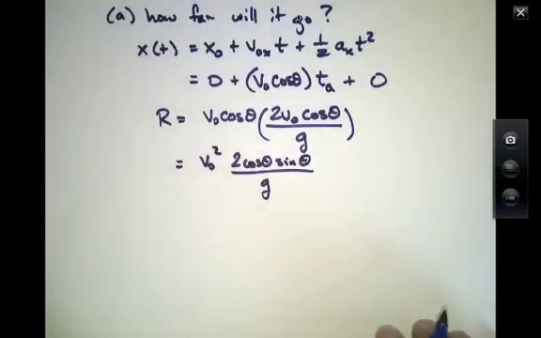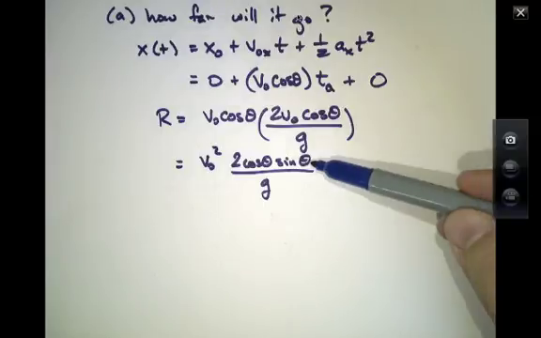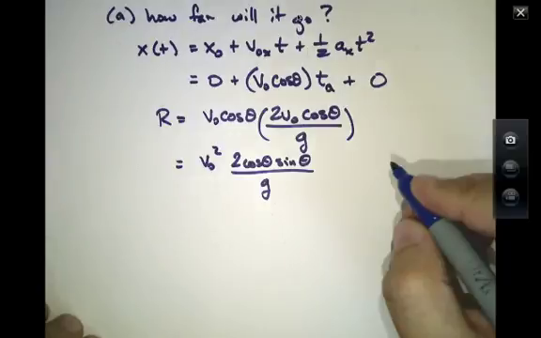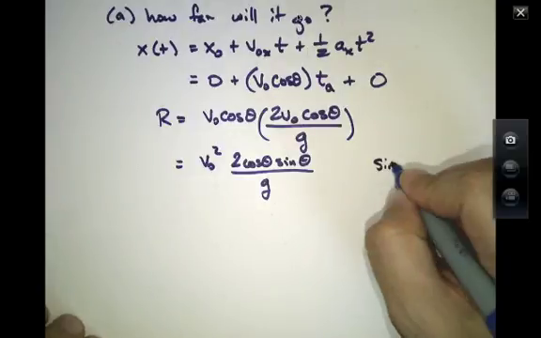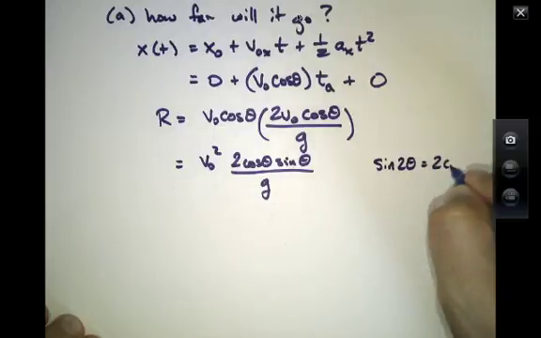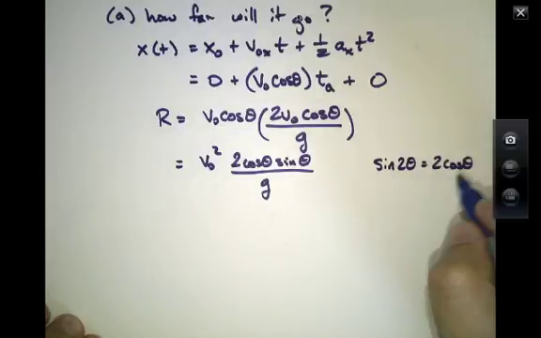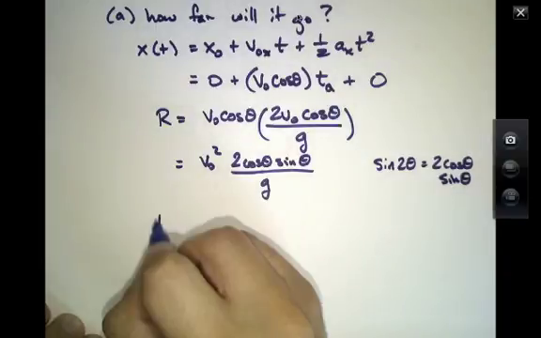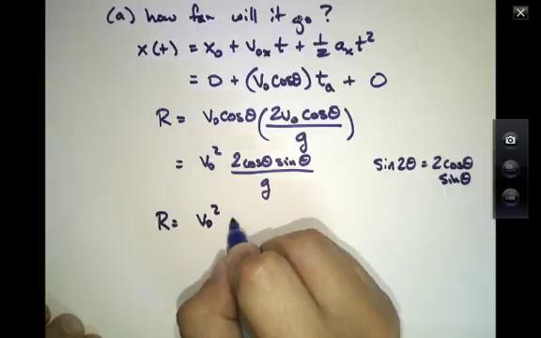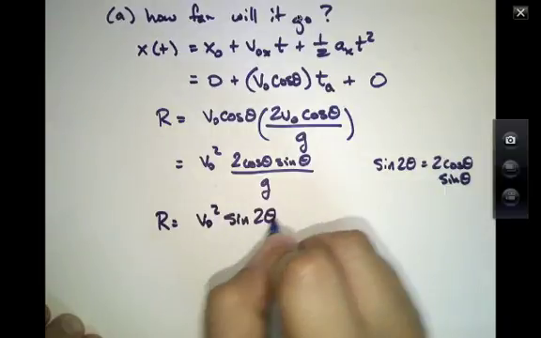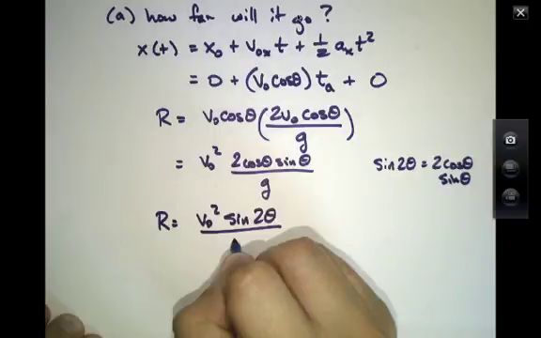And there's an expression that the range equals v naught squared 2 times the cosine of that angle times the sine of that initial angle divided by g. Now I'm going to use a trig identity that the sine of 2 times an angle is 2 times the cosine of an angle times the sine of an angle. So that the range is v naught squared sine of 2 theta over g.